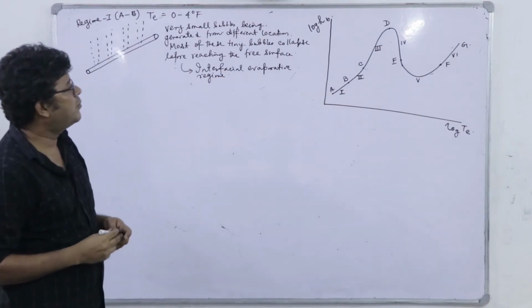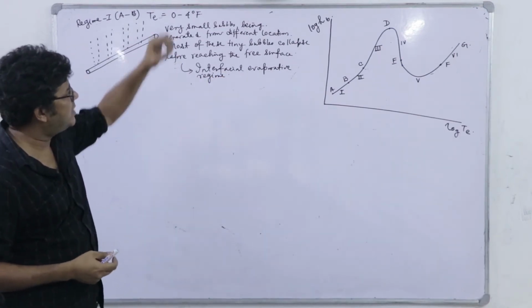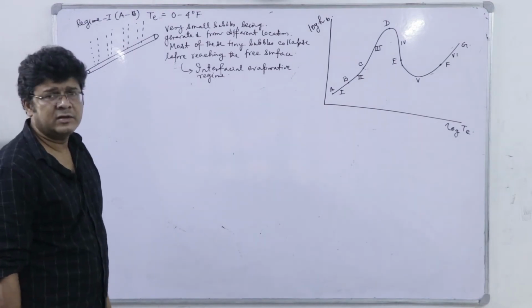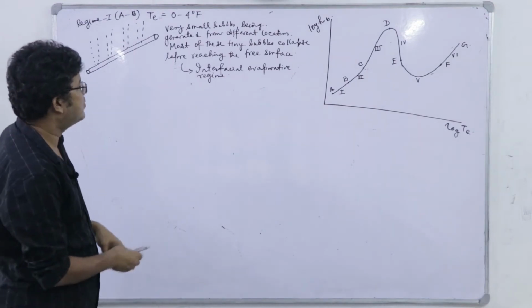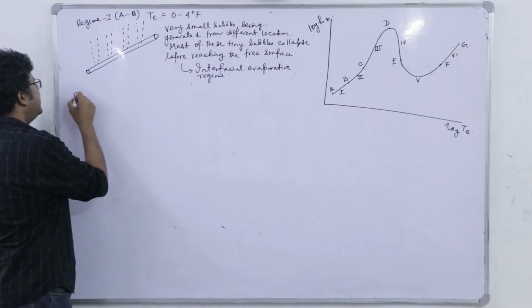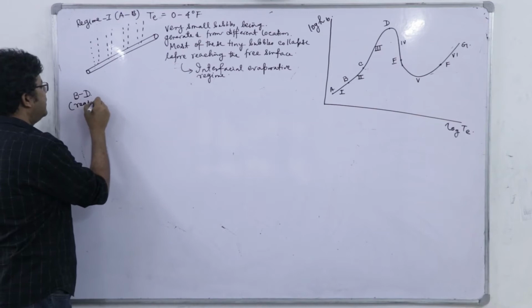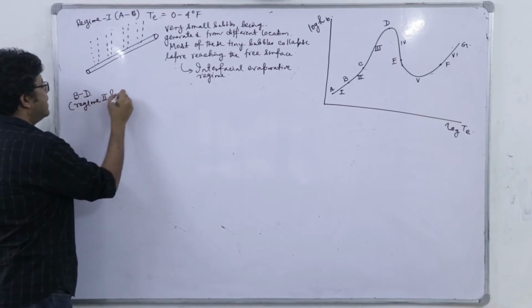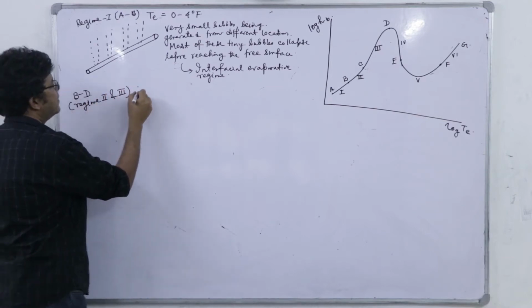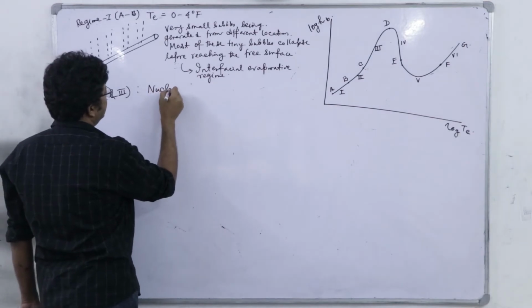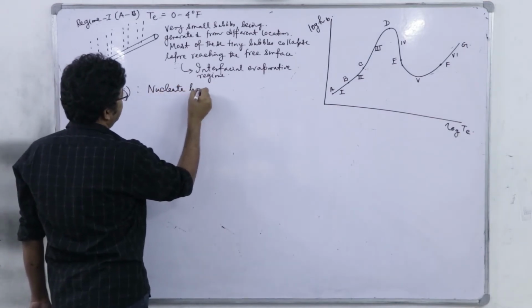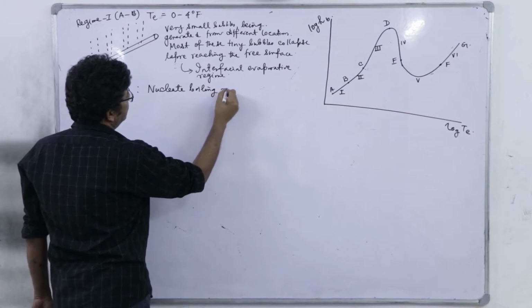So next, from B to D, the major regime is B to D, that's called the nucleate boiling regime. So B to D, regime 2 and 3, nucleate boiling regime.